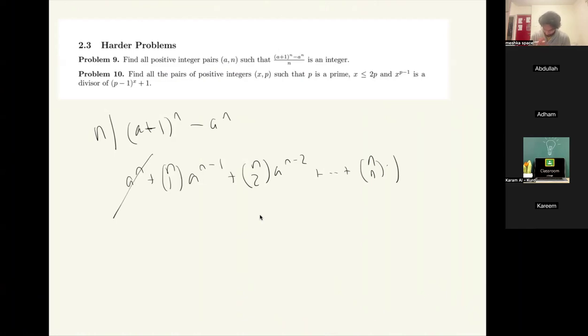We can remove two terms, which are n choose 1 and n choose n minus 1. We are left with n choose 2, n choose 3, up until n choose n, except for n choose n minus 1. So I guess we can group them like this, right?